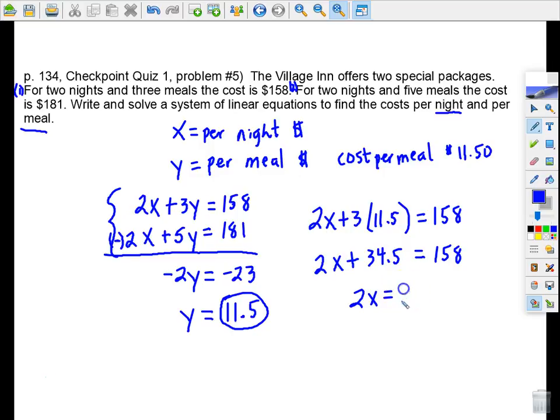And that's 123.5. And divide both sides by 2. And we get x is 61.75. Again, that's dollars. And we've just figured out then our cost per night.